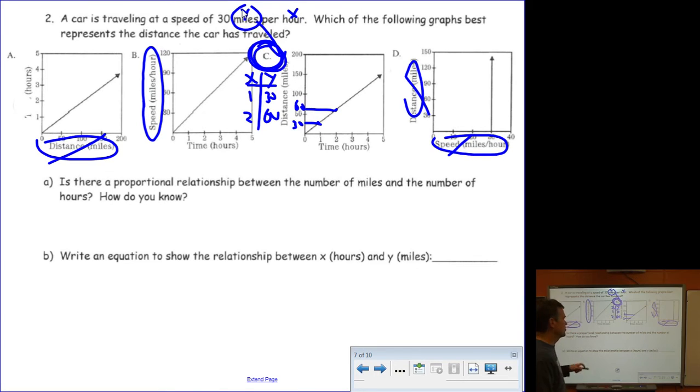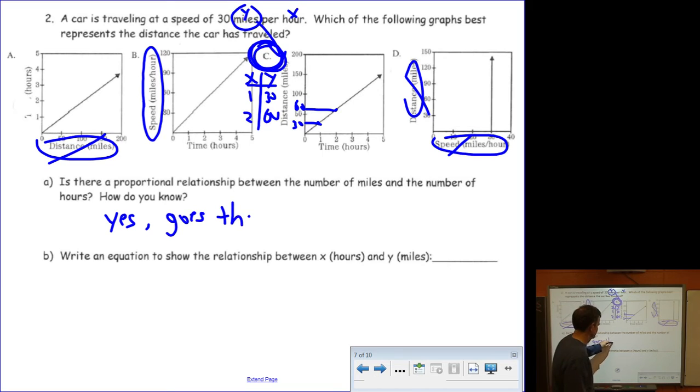It says that there is a proportional relationship. There is, and you can tell because the graph goes through the origin. And write an equation to show the relationship.